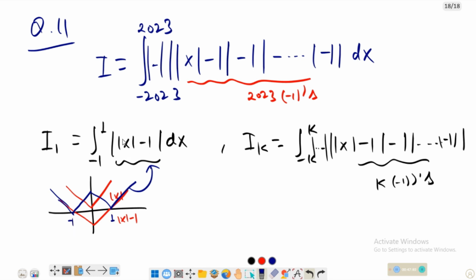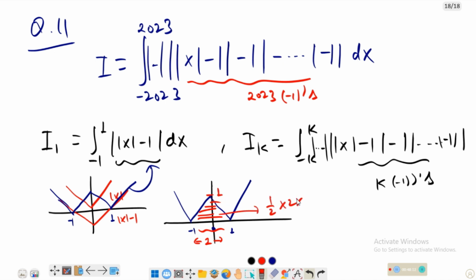So our original function looks like that. This is minus 1, this is plus 1, this is 0. We need to find the area between minus 1 and 1. The length is 2 and the height is 1, so the area is half into 2 into 1, which is 1 square unit.